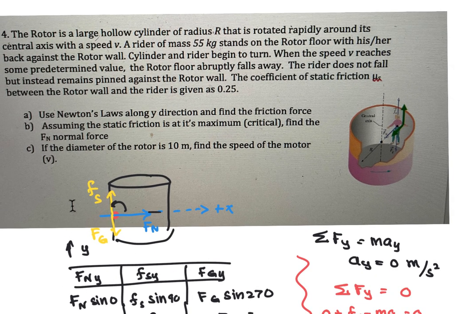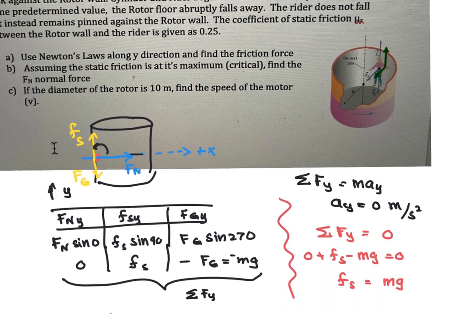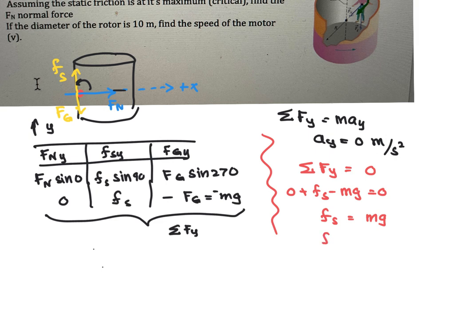The mass of the rider is given as 55 kilograms, so you substitute Fs equals 55 times 9.8. This is how you get the static friction force, and that would be 539 newtons. I'm using 9.8 for gravitational acceleration.